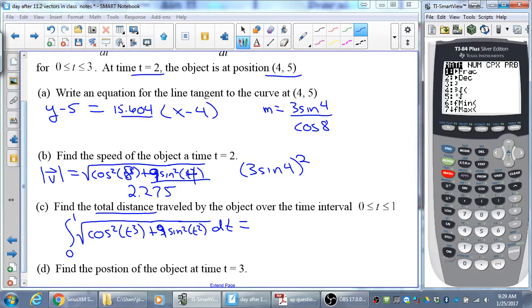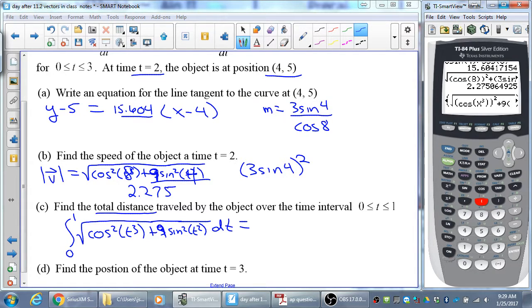So we go to math number 9, 0 to 1. Square root of, I need cosine of t to the third and that squared plus, I can do this, there's an option, right?